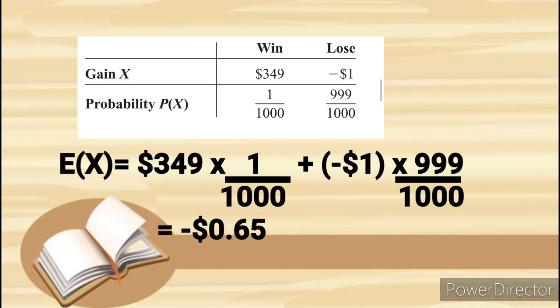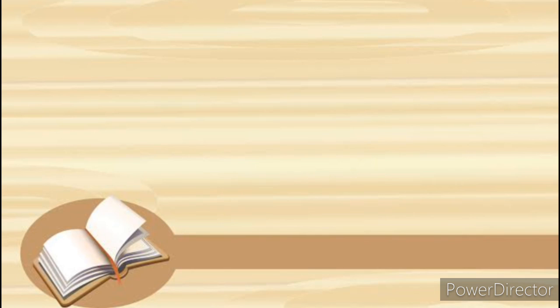What this expectation means is that the average of the losses is $0.65 for each of the 1,000 ticket holders. Here is another way of looking at this situation. If you purchase one ticket each week over a long time, the average loss would be $0.65 per ticket, since theoretically, on average, you would win the set once for each 1,000 ticket purchases.